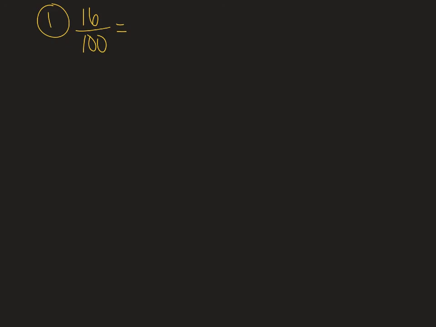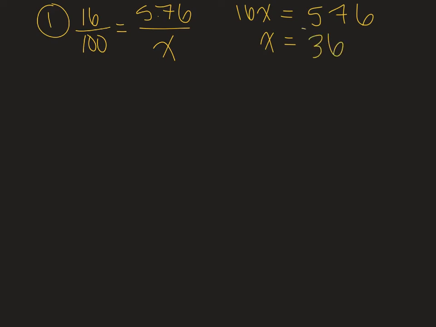That's our unknown, so we know our base is unknown, and $5.76 is our numerator. And now we can start to solve. So 16x equals 5.76 times 100, and you should get 576, and then divide that by 16, and you get 36. So our whole is $36.